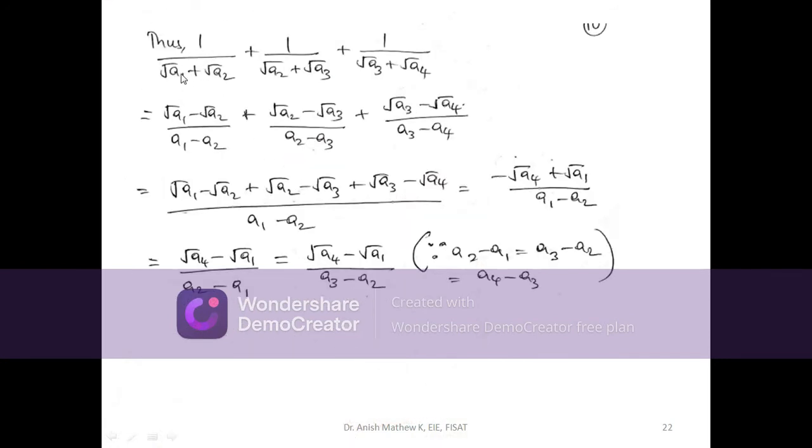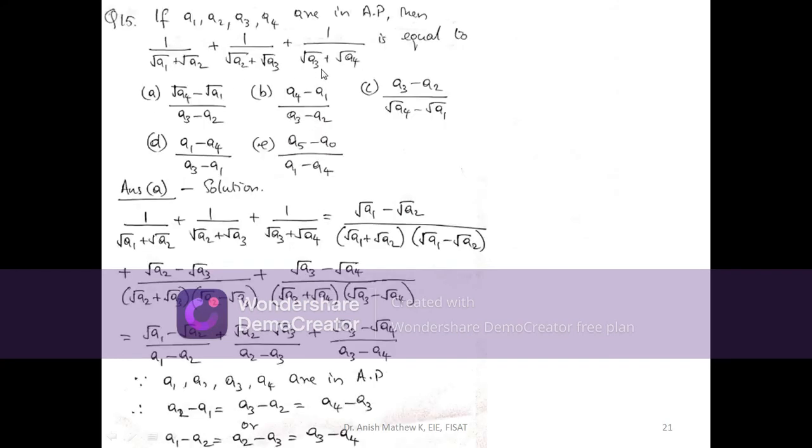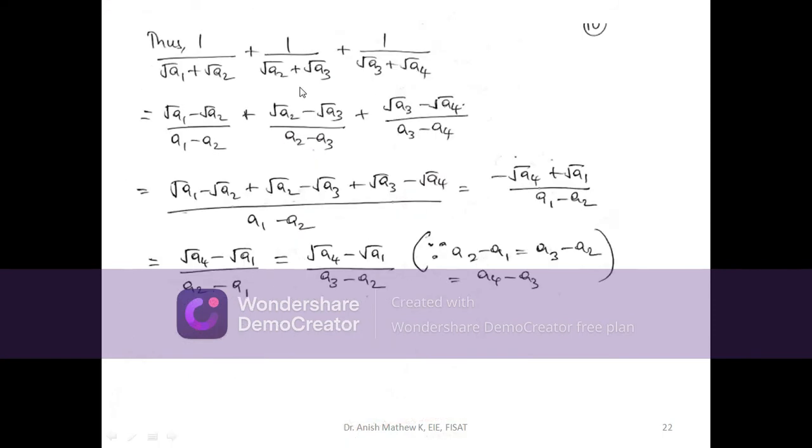So 1 by square root of A1 plus square root of A2 plus 1 by square root of A2 plus square root of A3 plus 1 by square root of A3 plus square root of A4, as given in this question, is equal to square root of A1 minus square root of A2 by A1 minus A2 plus square root of A2 minus square root of A3 by A2 minus A3 plus square root of A3 minus square root of A4 by A3 minus A4.